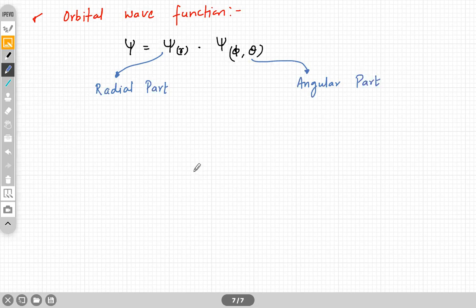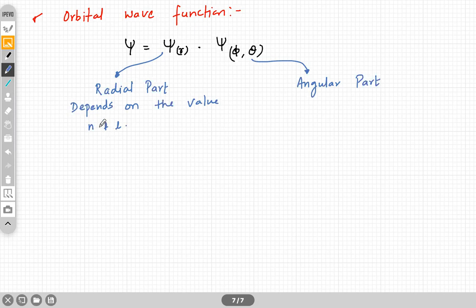Radial part and angular part. This radial part depends on the value of n and l, principal quantum number and azimuthal quantum number, right?